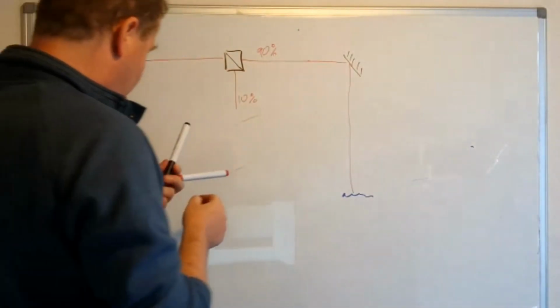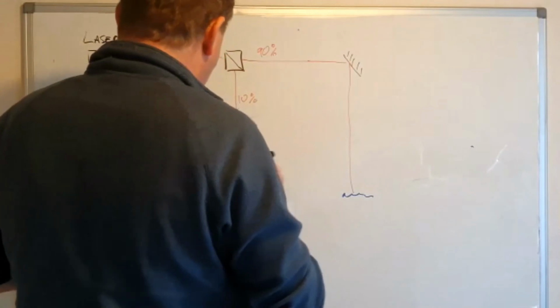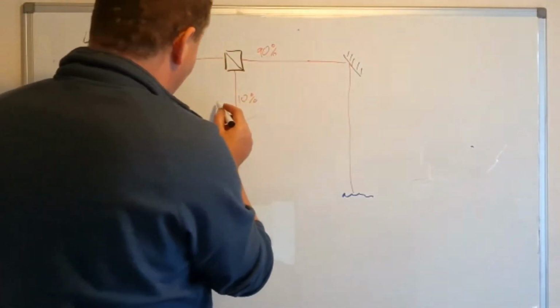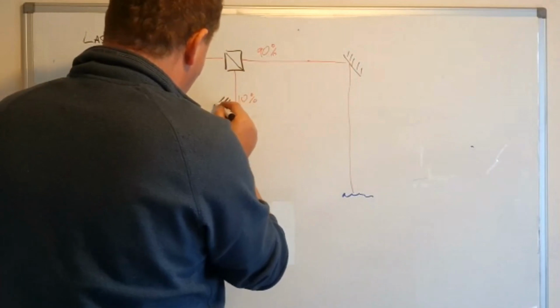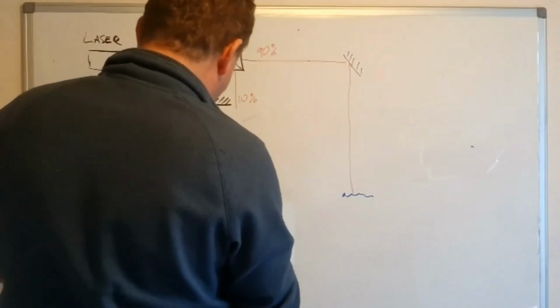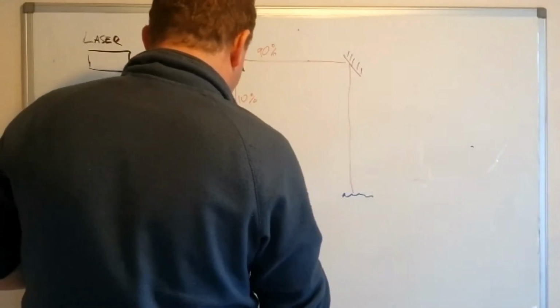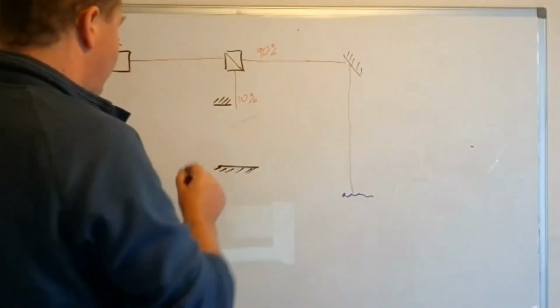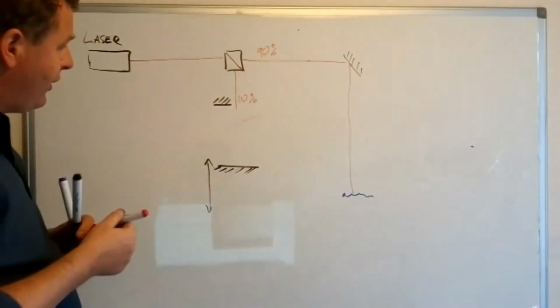And what we do is we then send this other part of the light through perhaps a delay line. That's where we arrange to have two mirrors arranged like that, but we can also move the position of this mirror backwards and forwards.